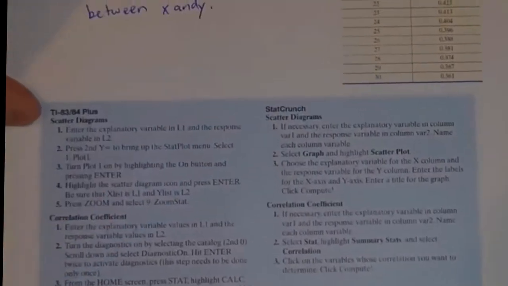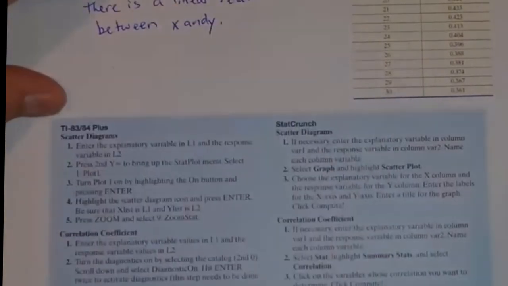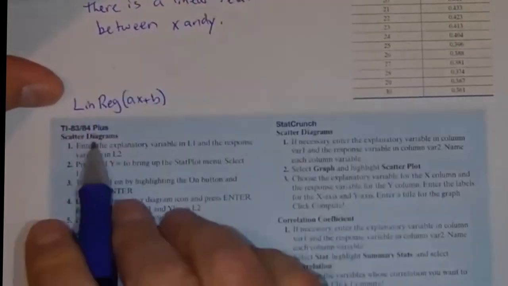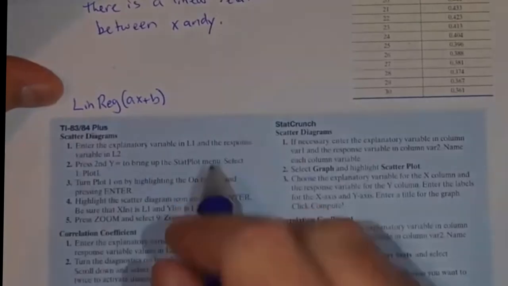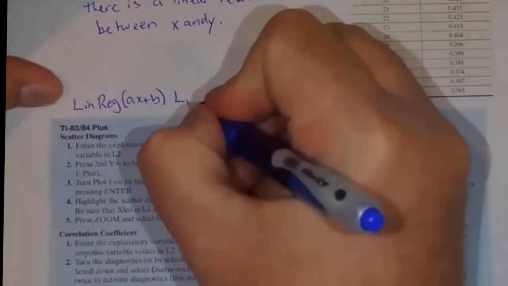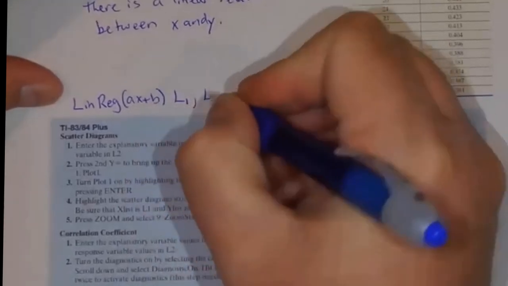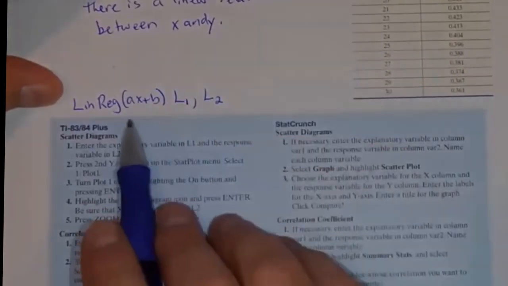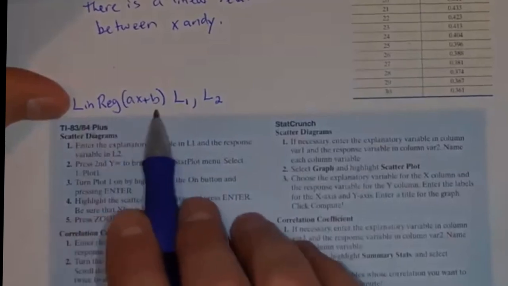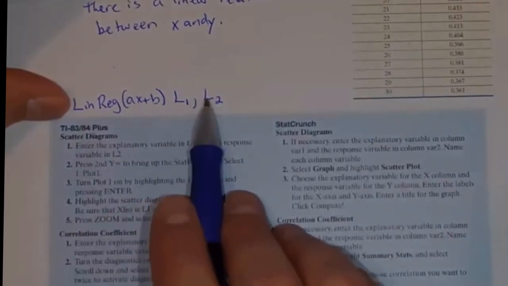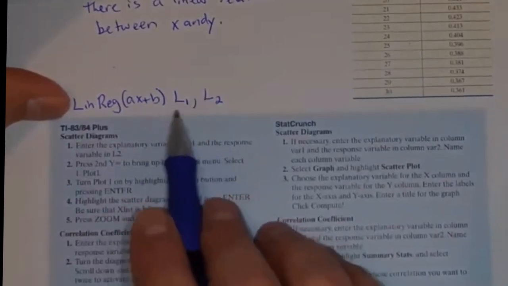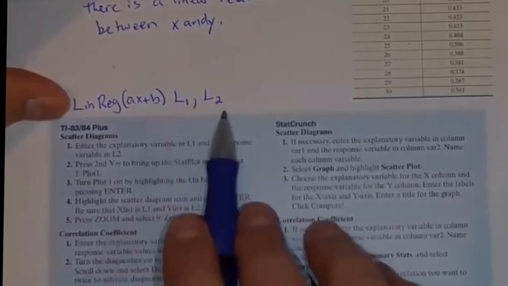If you have an older calculator, when you select the linear regression, you'll get the command LinReg(ax+b). That'll show up on the screen of your calculator. You have to put where you put the x's, comma, where you put the y's. So this would be saying, find the linear regression if my x's are in list 1 and my y's are in list 2, or you would put the appropriate lists that you use.